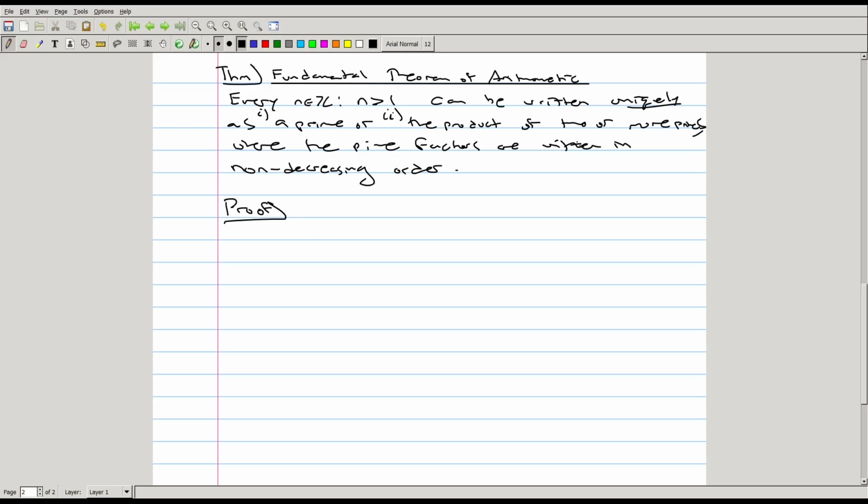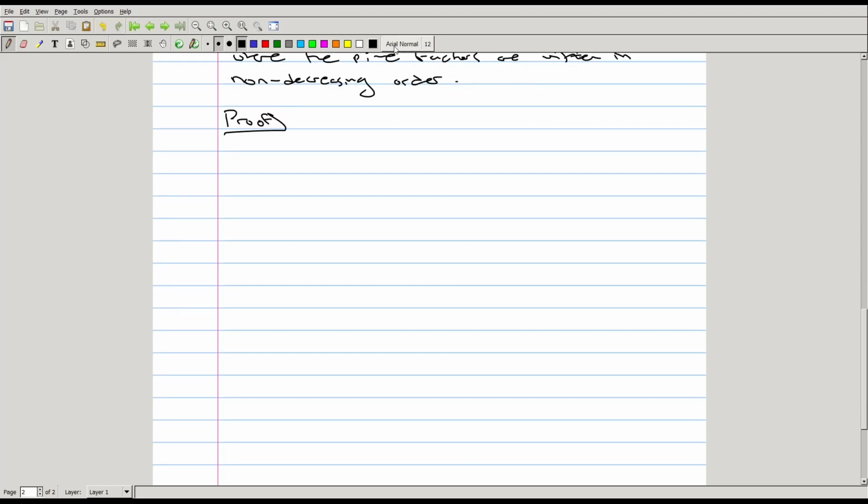Specifically, you need to prove the existence of this factorization, and then we also have to prove uniqueness. So we're going to split this into two parts, and right now we can go through and prove part 1, or existence, of this factorization relatively easily using a proof by induction. Specifically, this is going to be strong induction.